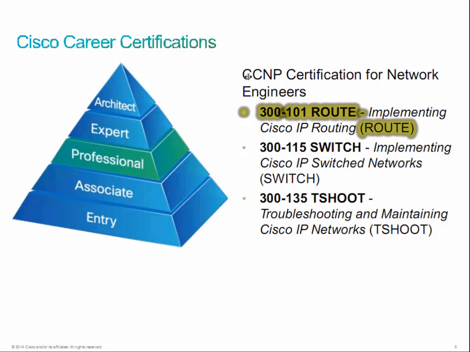So even if you don't get your TSHOOT, the route and switch still apply towards your CCDP. There is an additional exam you have to take. It's called ARCH, A-R-C-H. But by passing route and switch, you're now able to take that CCDP exam. And if you have your CCDA, you'll get your CCDP certification as well. Just keep that in mind later on.